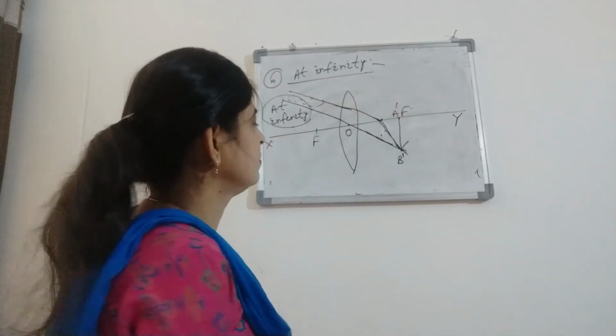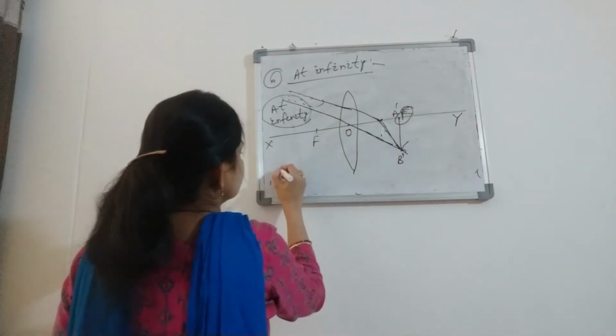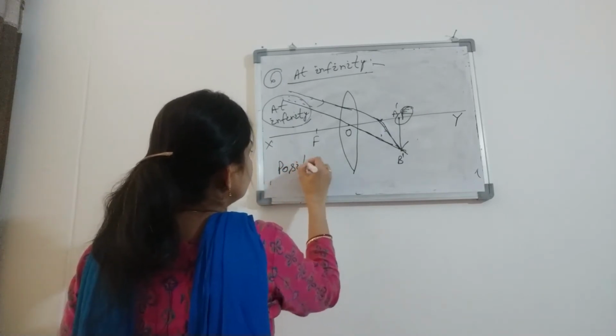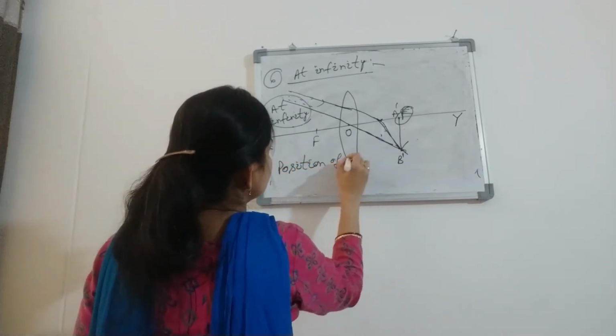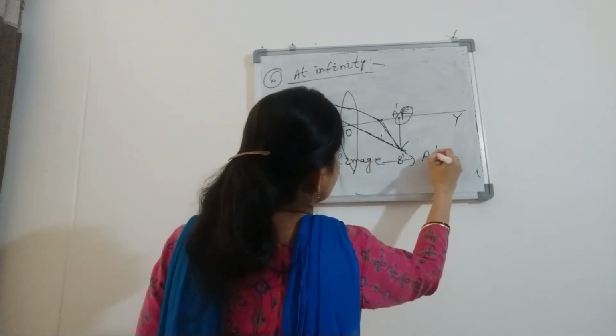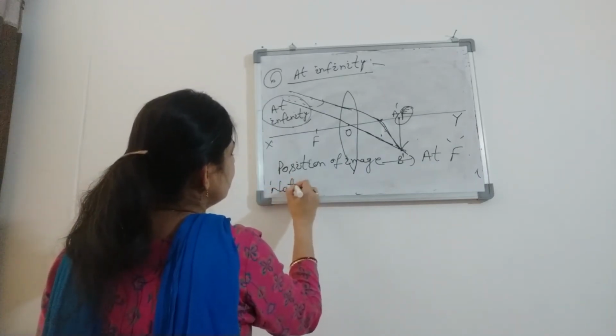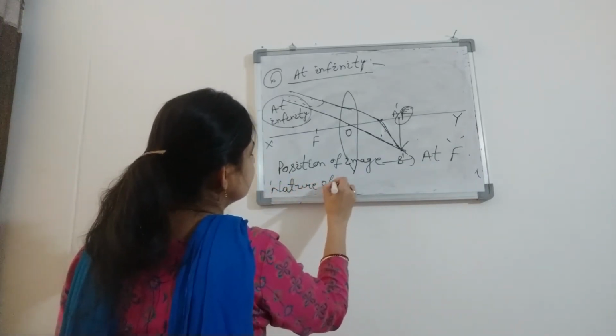At that time the image is formed at your focus. So we can write down the position of the image is at F.